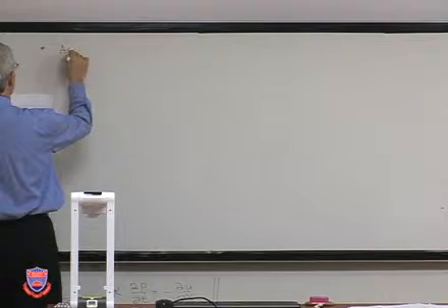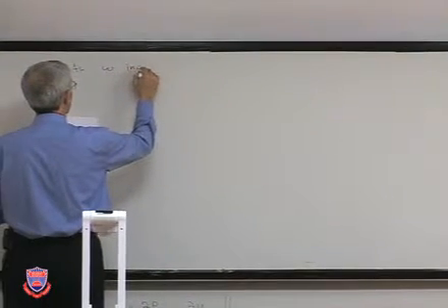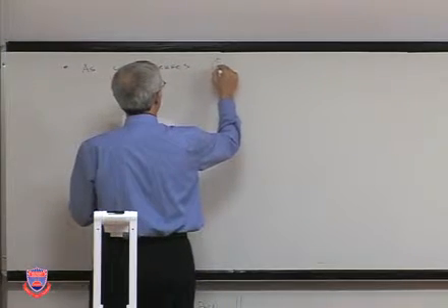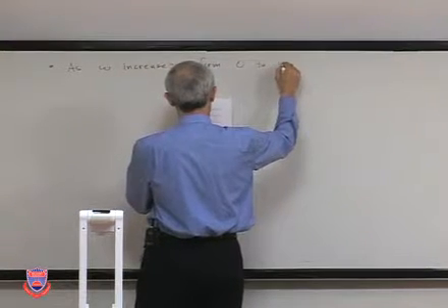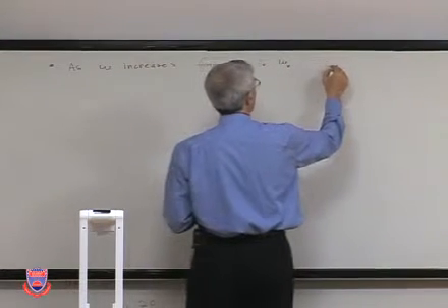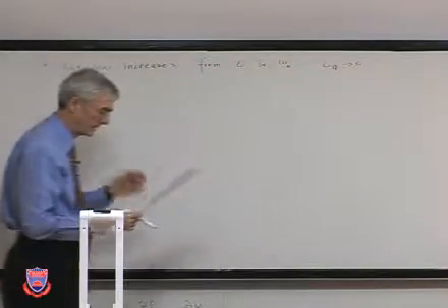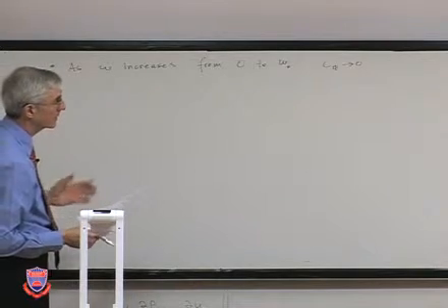Okay, let's just summarize. As omega increases from 0 to the resonant frequency, C phi goes to 0.